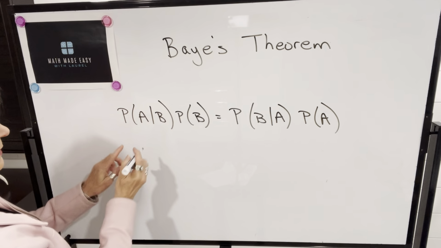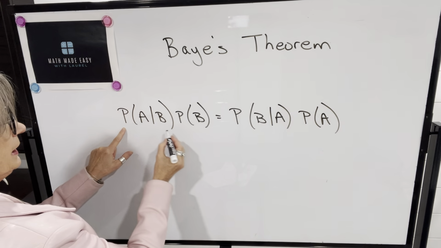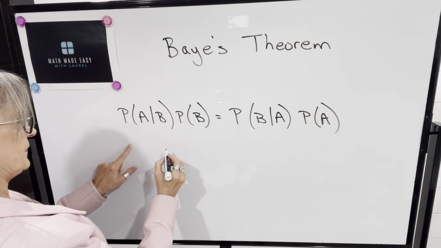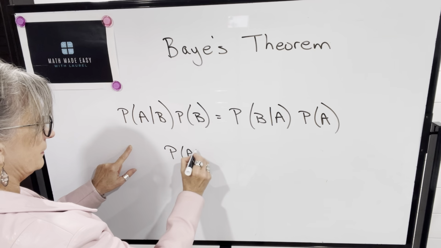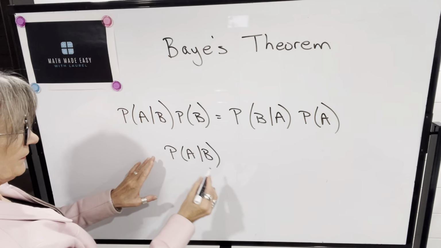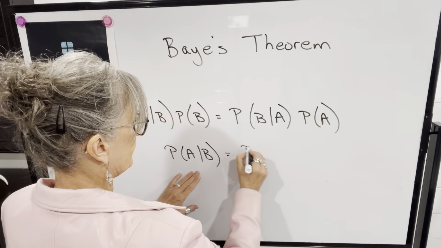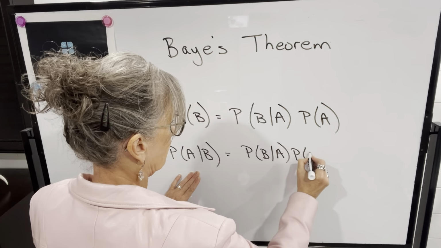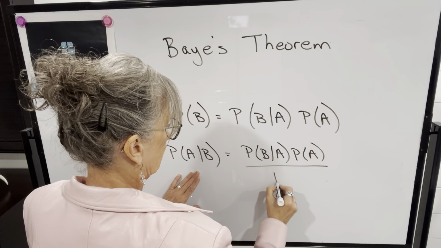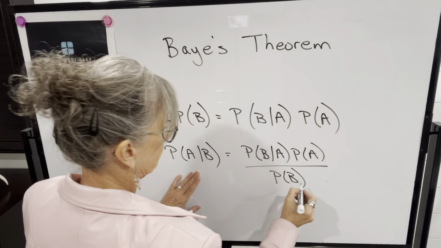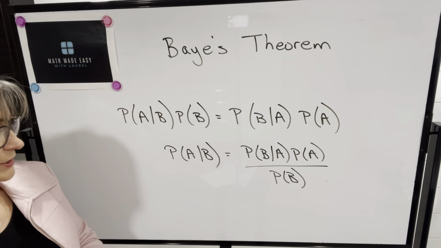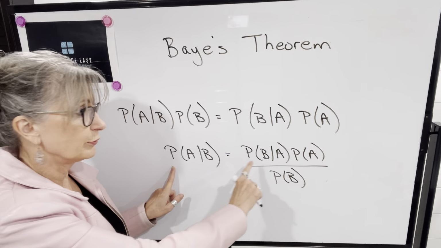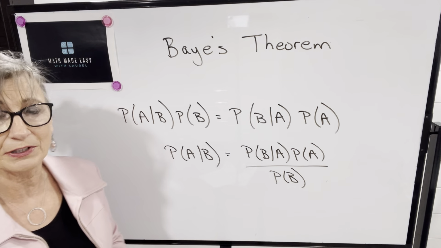Now I'm going to isolate this conditional probability, and in order to do that, I'm going to divide both sides by the probability of B. When I divide this side by it, it's gone, and I divide this side by it, and when I do that, you'll notice that I've isolated one conditional probability and written it in terms of the other conditional probability.